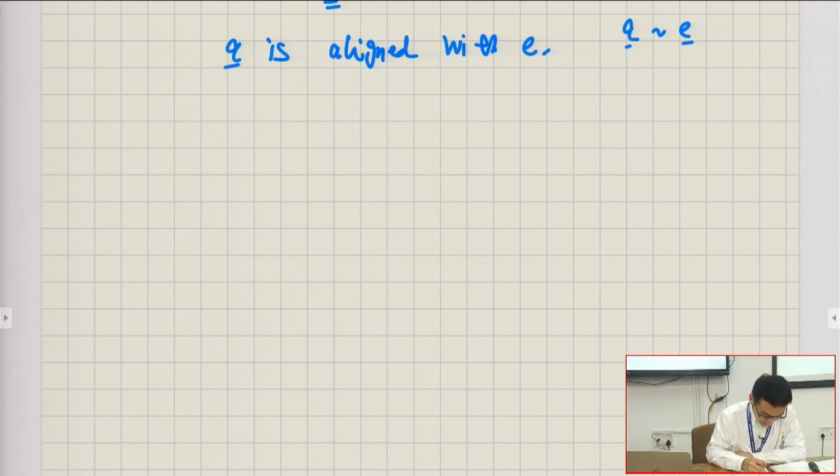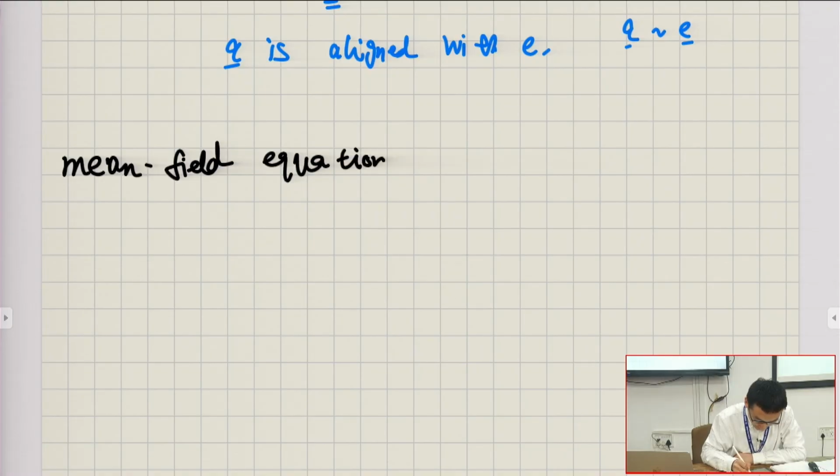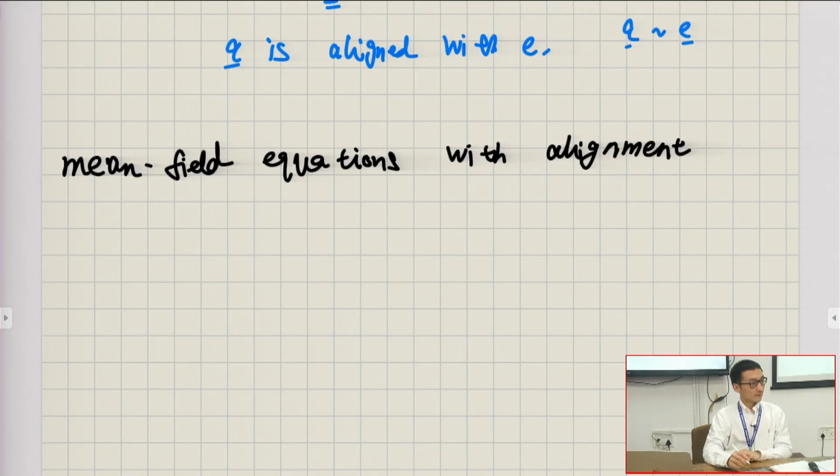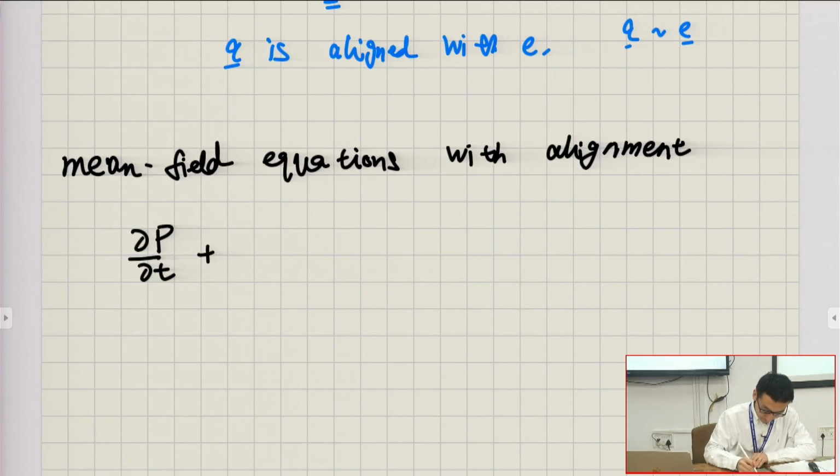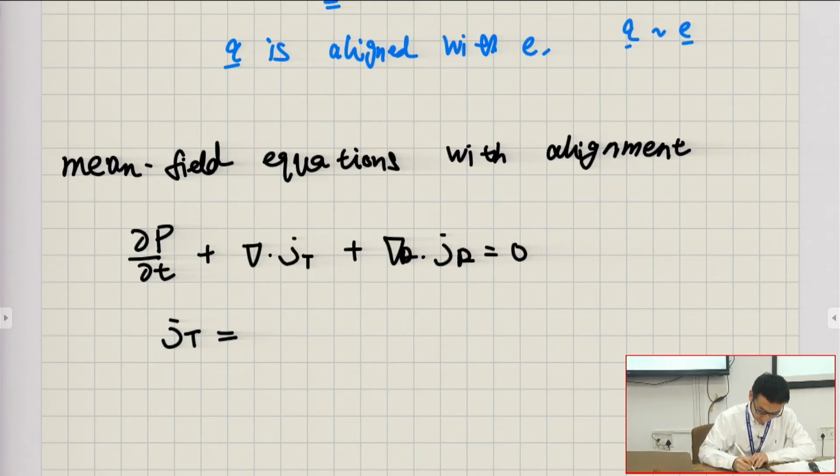What are the equations with alignment? So what's changed here?